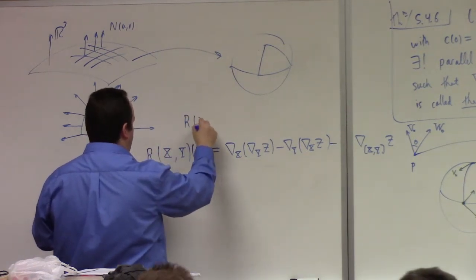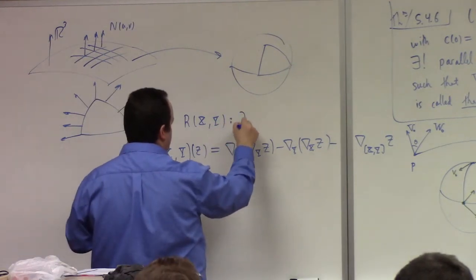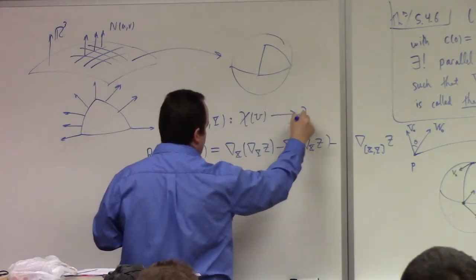He points out that R of x, y is actually a mapping from vector fields on U to vector fields on U.